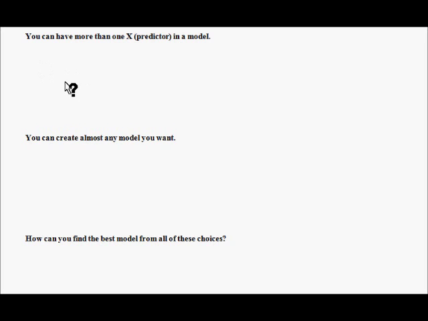Other issues. You can have more than one x predictor in your model. So for example, say we're looking at why our response is maybe a student's college GPA. Well, what things might affect that? Well, one thing could be the high school GPA.